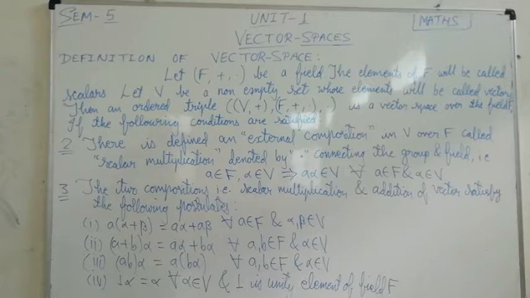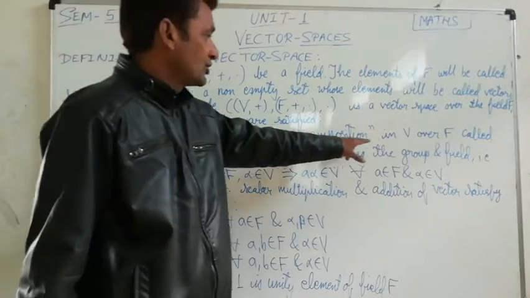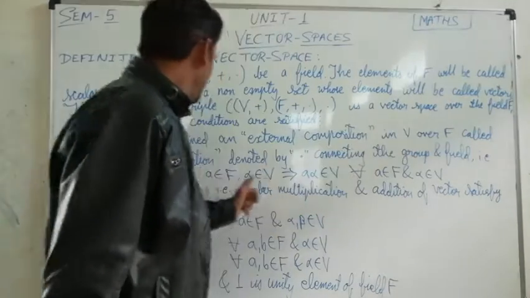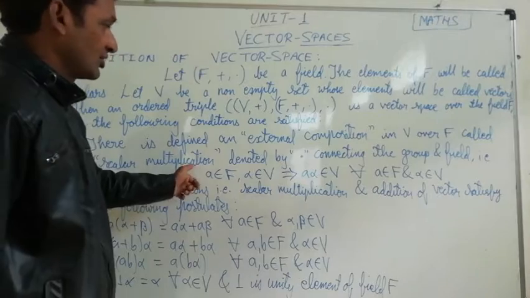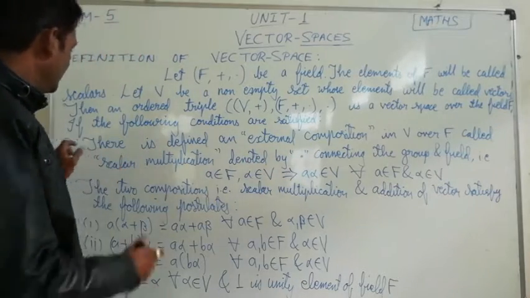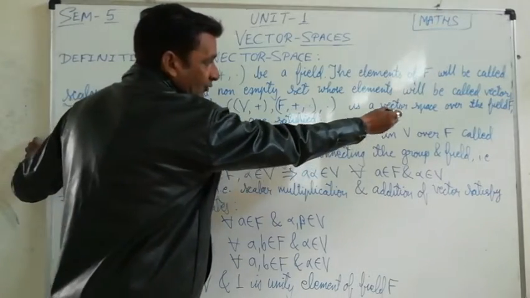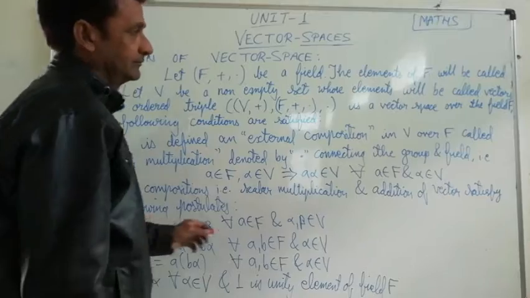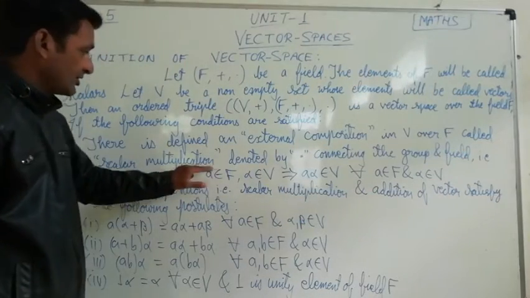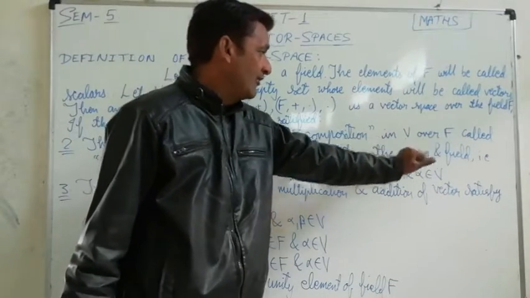Now see, it is the second point. There is defined an external composition in V over the field F called scalar multiplication, denoted by this dot, connecting the group and field.